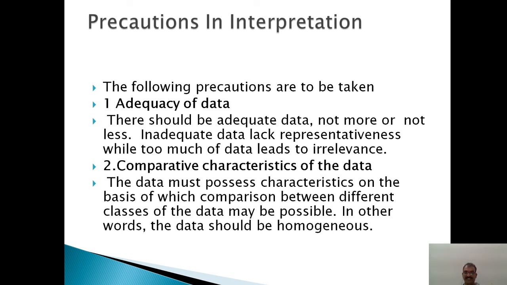Comparative characteristics of the data. The data must possess characteristics on the basis of which comparison between different classes of data may be possible. In other words, the data should be homogeneous.